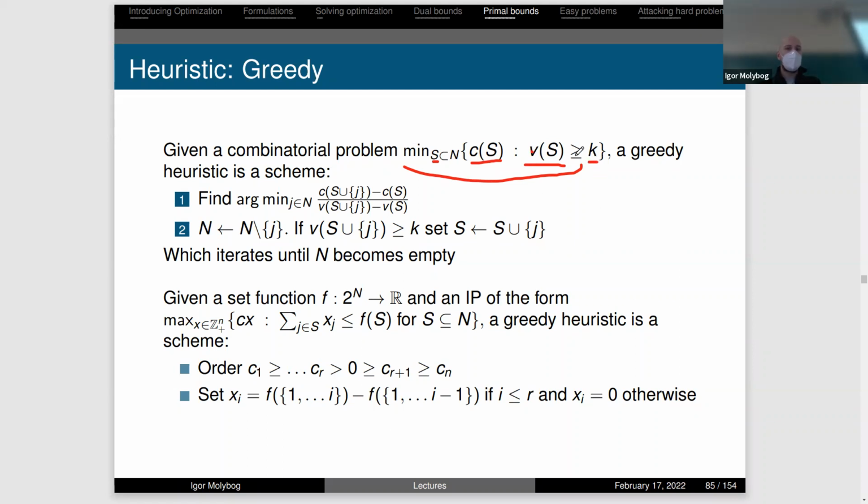Here V, K, and C are given with the problem. A greedy heuristic would consist in a scheme of finding components of the vector of the solution and basically assigning values to it.